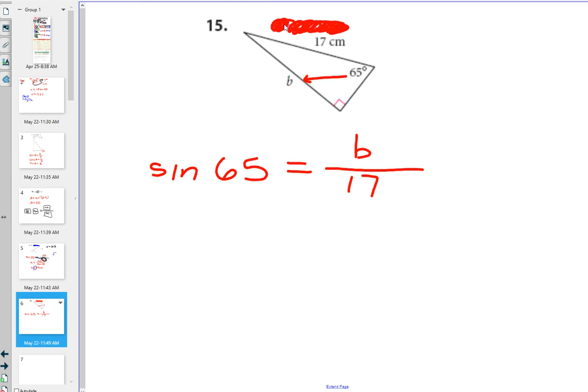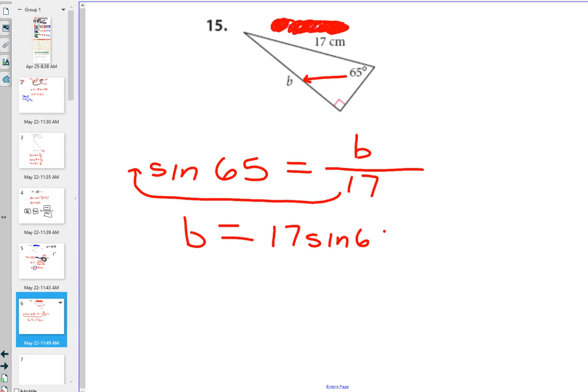The operation, therefore, that I'm going to end up doing is multiplication. Unlike the last time we did division, we're going to multiply. And the easy way I gave you to isolate the variable is to get the bottom and just move it to the front. So that B is going to be exactly equal to 17 sine 65.